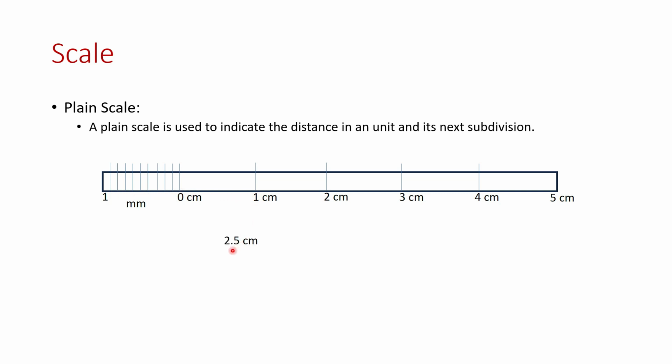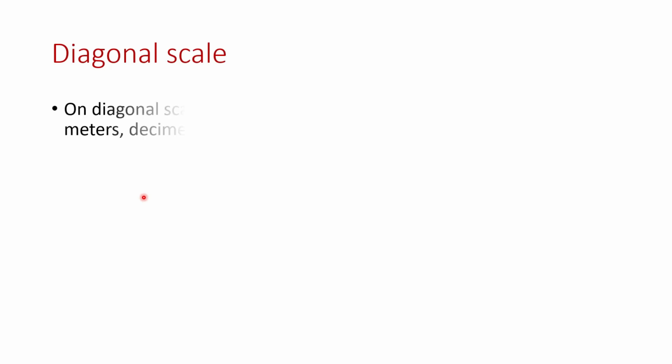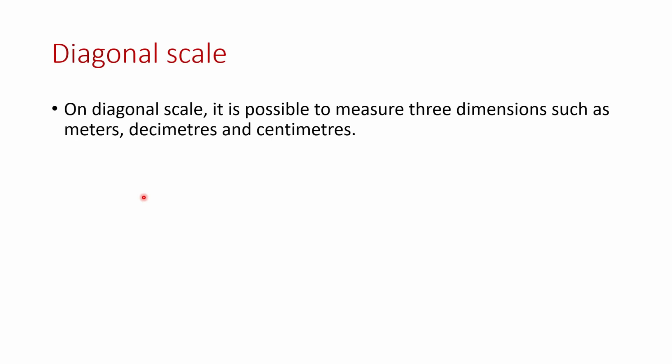Suppose you want to measure 2.5 centimeter. So from this to this is 1, this is 2 centimeter, then 1, 2, 3, 4 and 5. So this is 2.5 centimeter. This is the simplest kind of scale, that is called the plane scale. Now the question is, can we measure 2.54 or 2.51 centimeter by using the plane scale? It is difficult, because our eyes cannot see more than that division in that small amount.